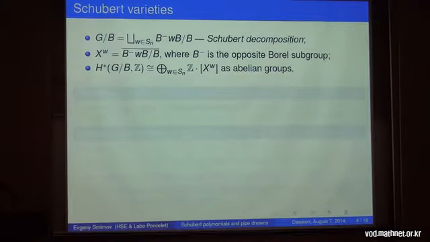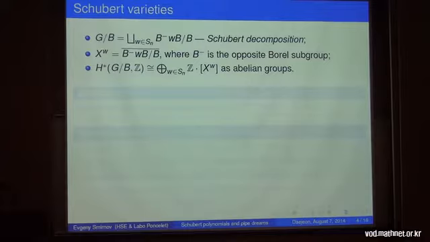Let's take the Bruhat decomposition of GL_n. Namely, you can represent each matrix as a product of a lower triangular matrix from the group B minus, some permutation matrix of zeros and ones, and an upper triangular matrix.